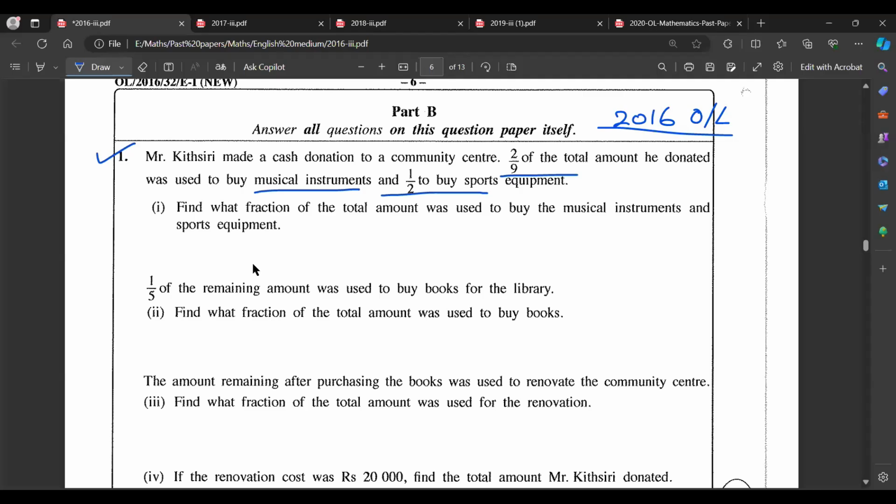They are mentioning the fraction 2 out of 9 for the musical instrument, and 1 over 2 for the sport equipment.